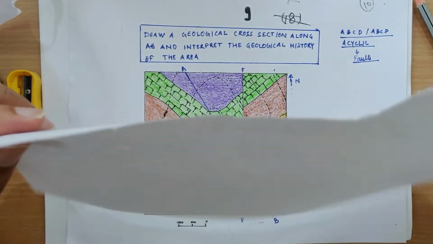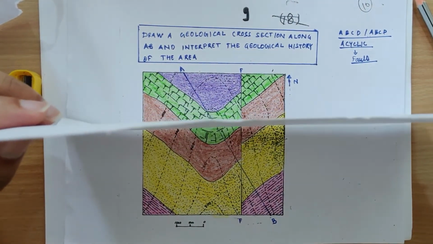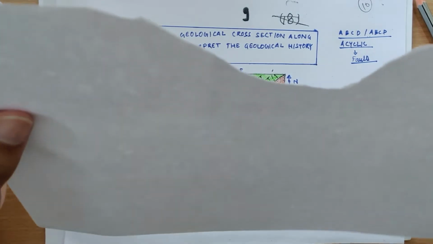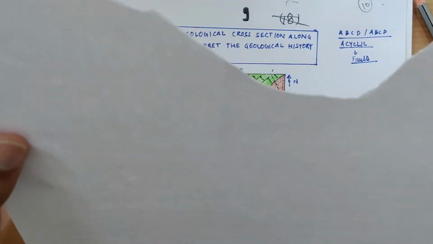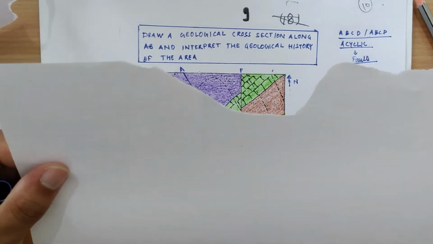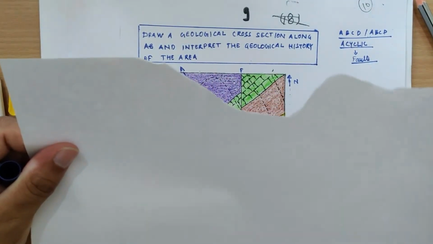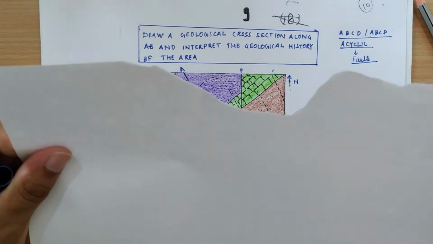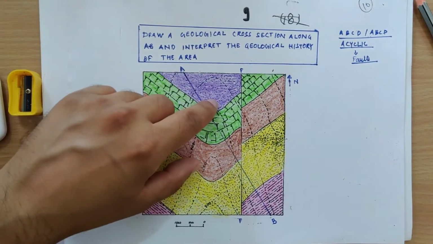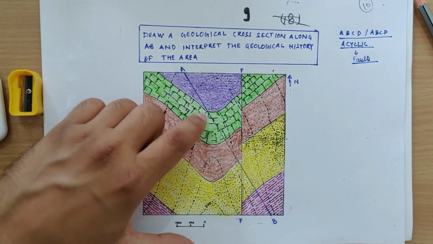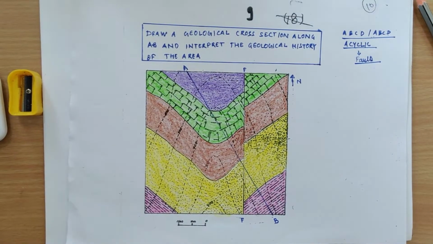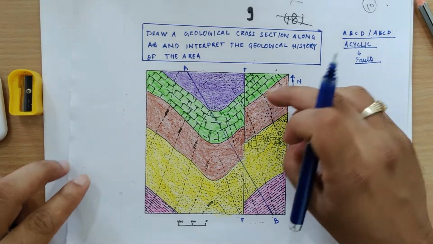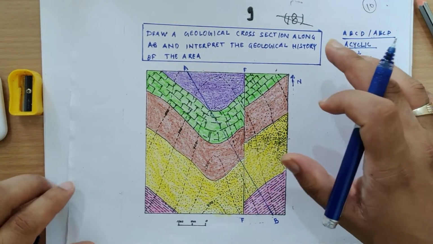So in case of vertical features, it is going to appear as a straight line only. If you tilt it, obviously because of erosion, this will not appear as a straight line. So because this particular trace over here is appearing as a straight line, this denotes a feature which is vertical in nature. So this fault is vertical, we have interpreted.